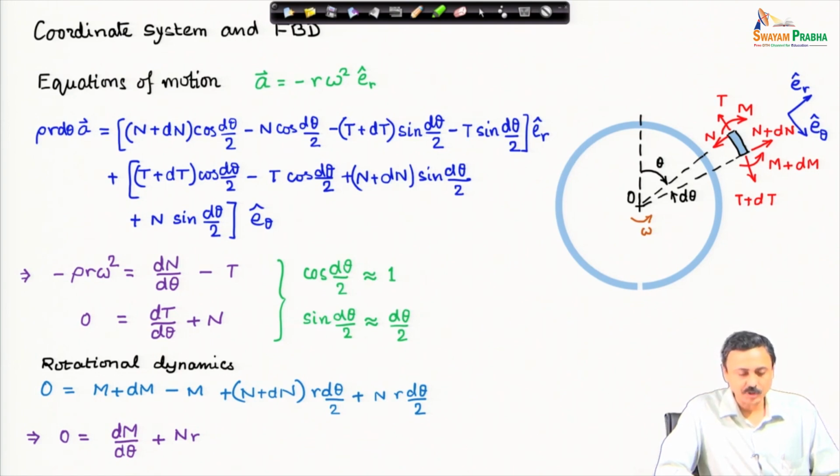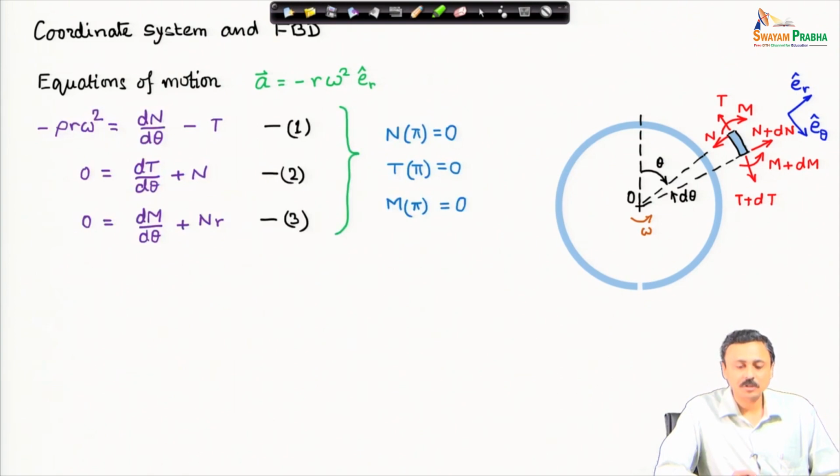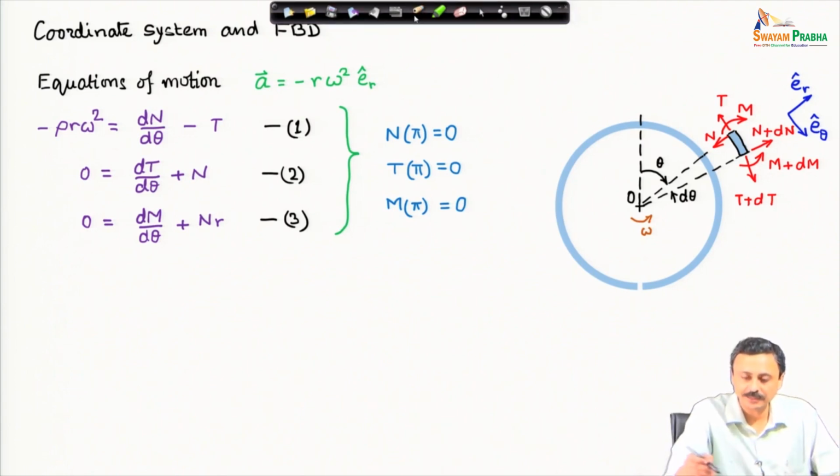Now, I have these three first order ordinary differential equations to solve for N, T and M. Since when we integrate we will have constants of integration, to uniquely solve for the system we need boundary conditions, and boundary conditions are provided by this split end.